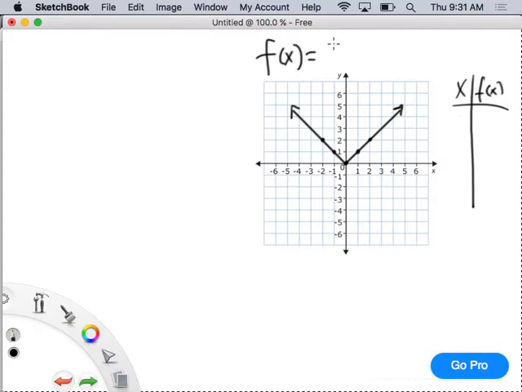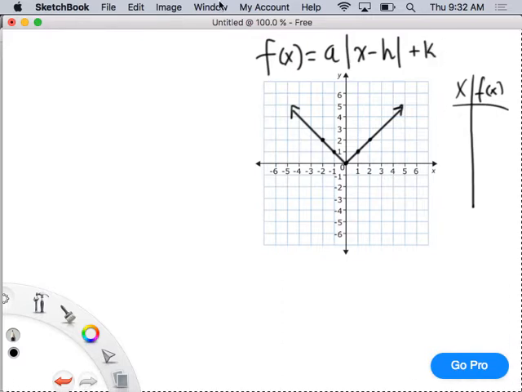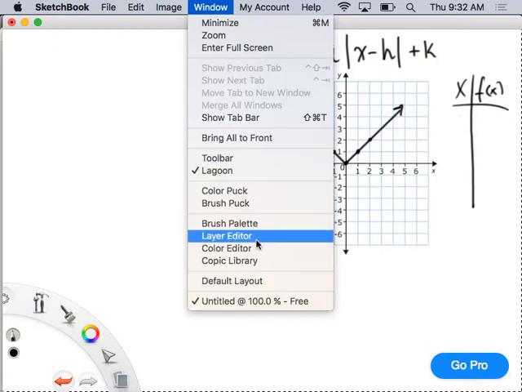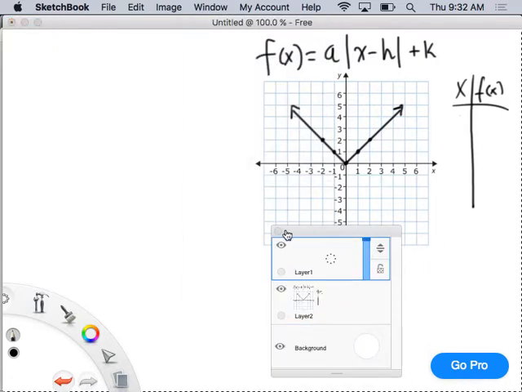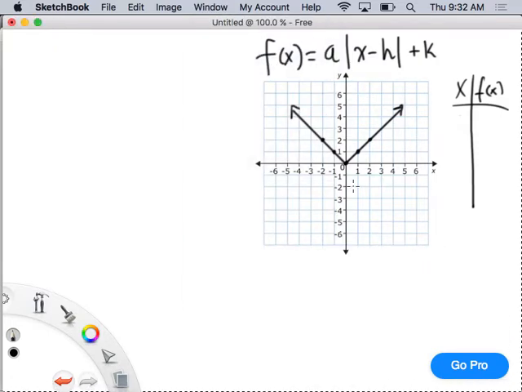You guys may remember this from when we played around on Desmos. a times the absolute value of x minus h, plus k. So this is our general form of an absolute value function. I'm going to write it again here. You guys don't need to write it twice.